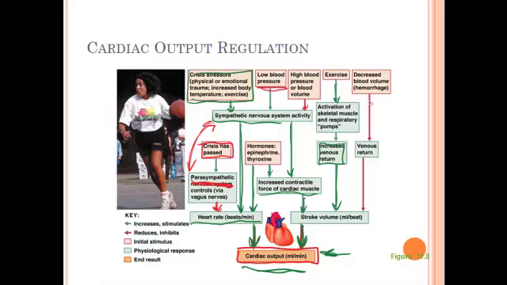On the opposite side, if you decrease the blood volume, so let's say you get cut or there's a hemorrhage or you're losing blood somehow, that's going to decrease the amount of blood that's coming back to your heart, and that's going to decrease the stroke volume. As that happens, the heart rate has to increase to make up. So if the stroke volume starts to decrease, the heart rate has to increase in order to keep that cardiac output the same. So if you're losing a lot of blood, your heart rate's going to increase.